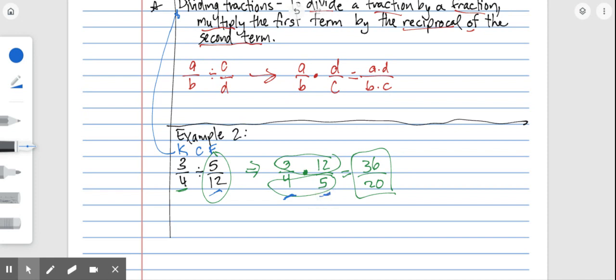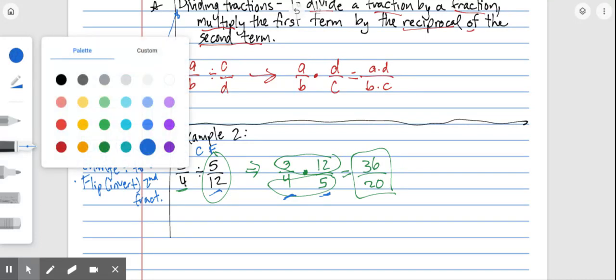So keep the first fraction, change division to multiply, and then flip or invert the second fraction. And that's how you divide fractions. Keep, change, flip.